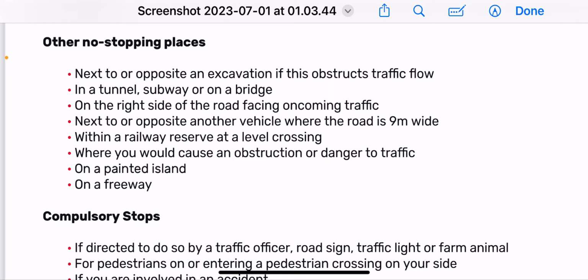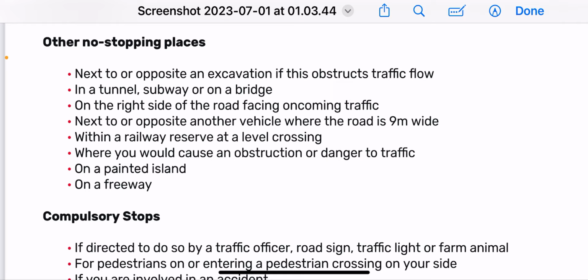You do not park on the right side of the road facing oncoming traffic. You do not park next to or opposite another vehicle where the road is 9 meters wide. You do not park within a railway reserve or a level crossing. Do not park where you would cause an obstruction or danger to traffic. You do not park on a painted island. Do not park on a freeway.